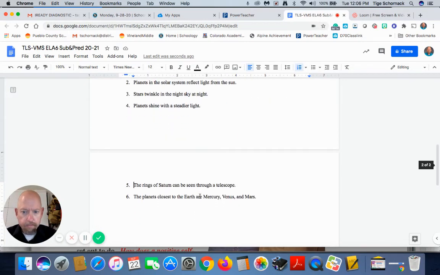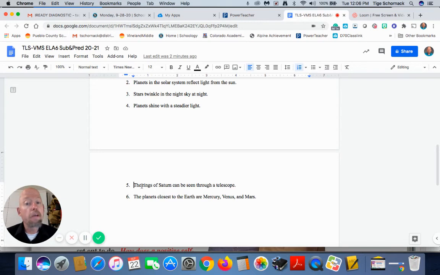to number 5, because number 5 is a little difficult. So, the rings of Saturn can be seen through, excuse me, I just had lunch, through a telescope. So, who or what are we talking about in this sentence? Now, I know some of you may think we're talking about Saturn. Well, Saturn is the planet, yes, but the word of makes that a prepositional phrase.